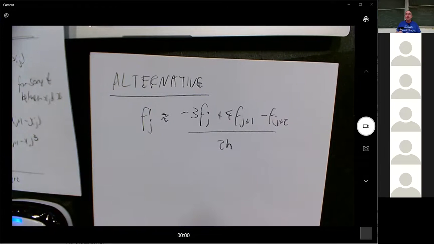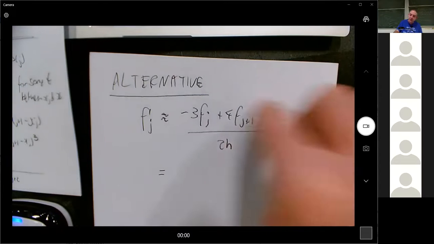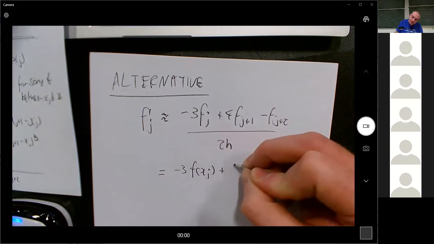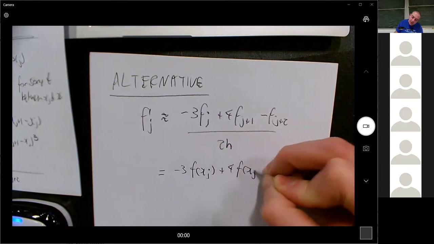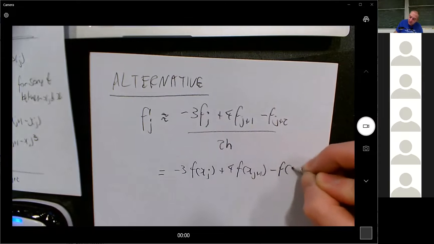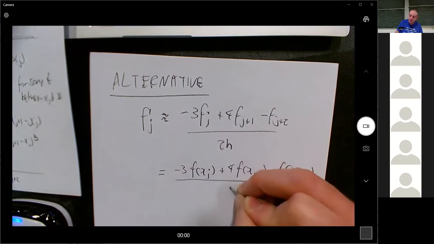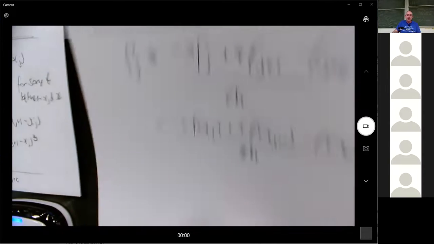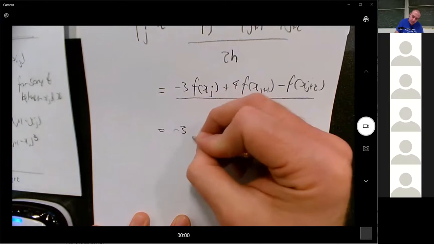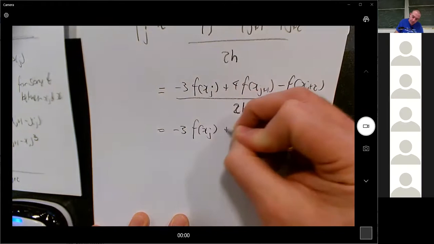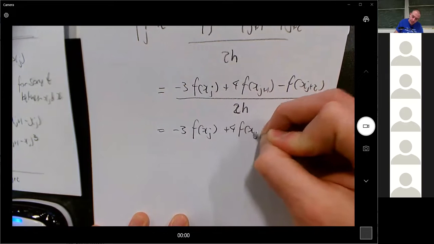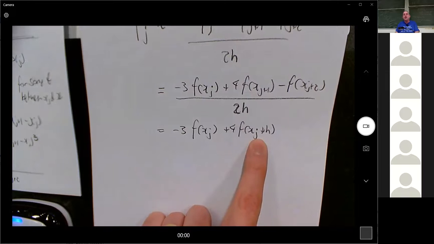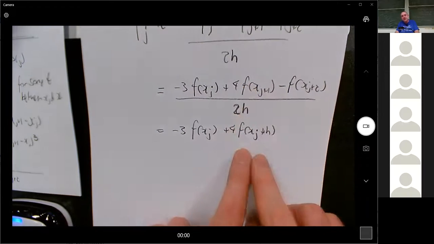What if, so this thing is equal to this, minus 3 of f of xj plus 4 of f of xj plus 1 minus f of xj plus 2 over 2h. That's fine, that's what those things stand for. F of xj plus 1, xj plus 1 is xj plus h.